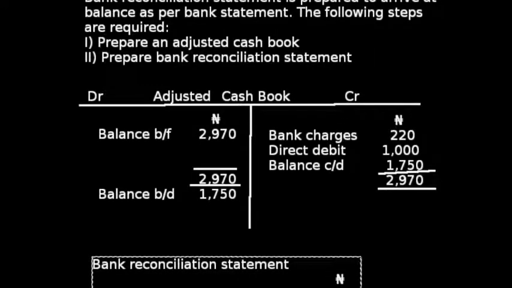Remember, the balance c/d must also be posted to the debit side of the adjusted cash book, and that is the balance which you're going to use to begin your bank reconciliation statement. That's the closing balance for adjusted cash book, and it is called balance as per cash book.